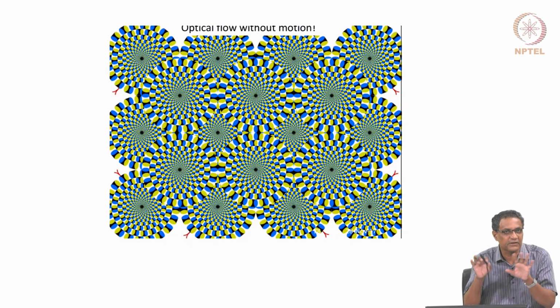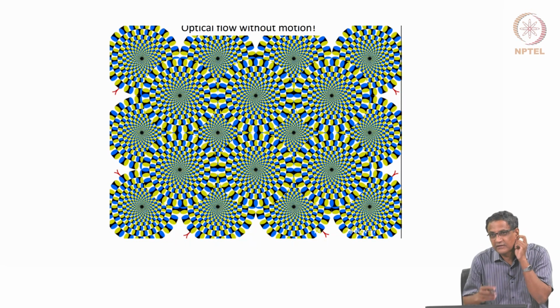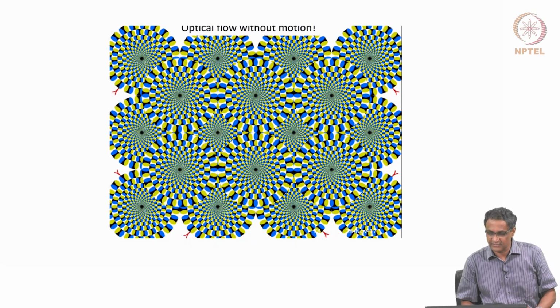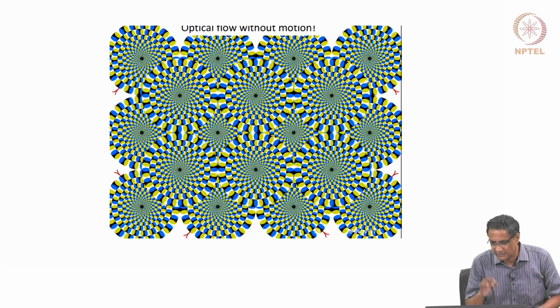It looks like something is moving, but if you focus on one area, nothing is moving. Anywhere you focus, nothing is moving. But your brain is tricked into believing it is moving. These are called rolling snakes, or some drift illusion. There are several such illusions. That's why, with this motion business, we get fooled many times.